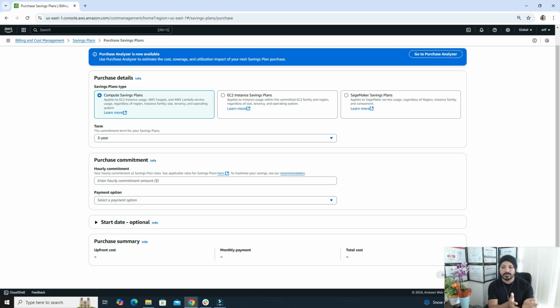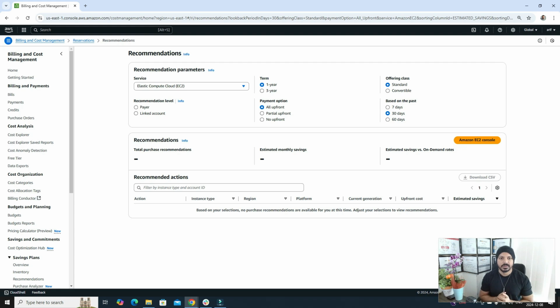We don't have to pay any upfront or stuff like that, and they will be amazed with your knowledge. So it's a very important cost optimization strategy that you can implement in your organization to show that you know your craft very well, and you can help them save a bunch of money.